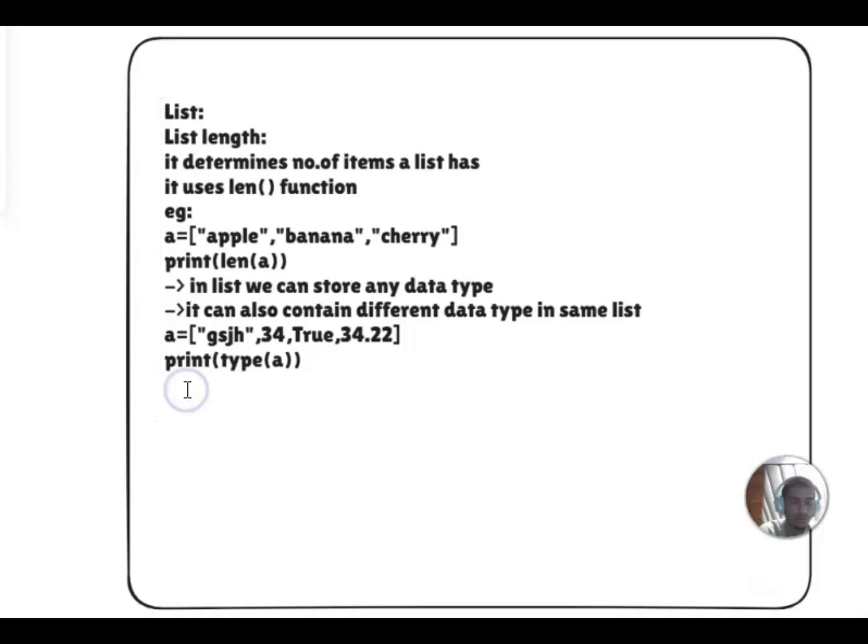Now let's see one more thing called the list constructor. Basically, the list constructor is used to build a list. For example, let's create a variable list and write items in this.